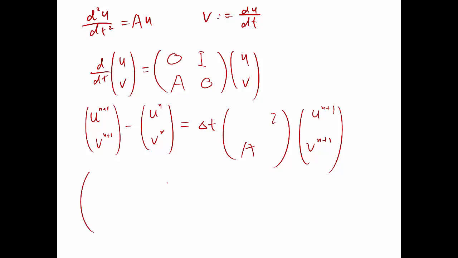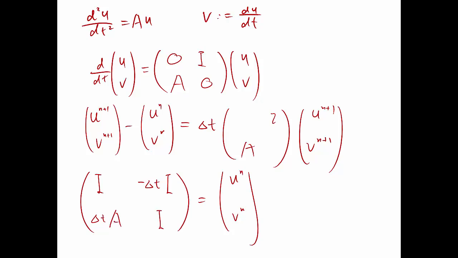And if you pull the unknowns to the left-hand side and known to the right-hand side, you would get something like this becomes un and vn, and the left hand side becomes identity minus delta t times identity, delta t times A, and identity. Oh, there is also a minus sign here.